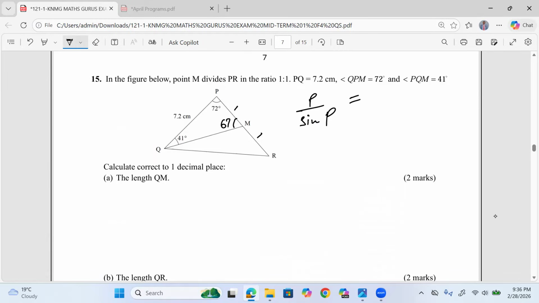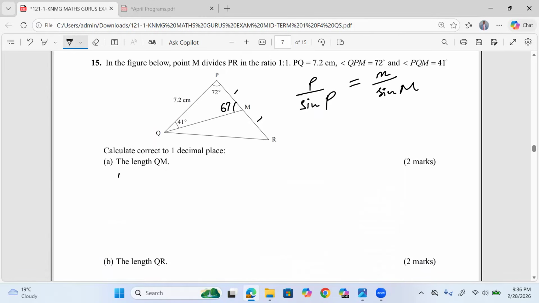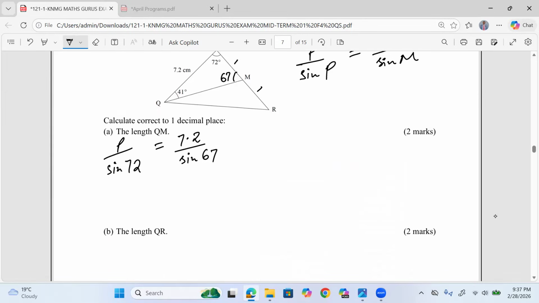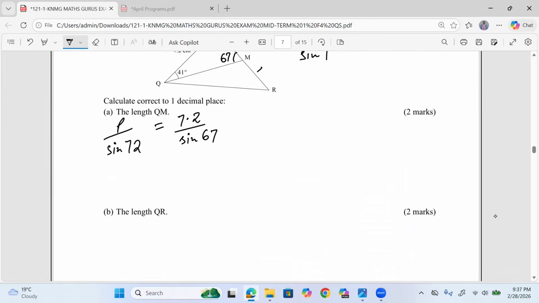We pick the length small letter m and divide by the sine of the angle at M. The ratios are supposed to be the same. So p, unknown, out of the sine of the angle at P, which is 72, is equal to m, the length 7.2, out of the sine of the angle at M, which we have concluded is 67.